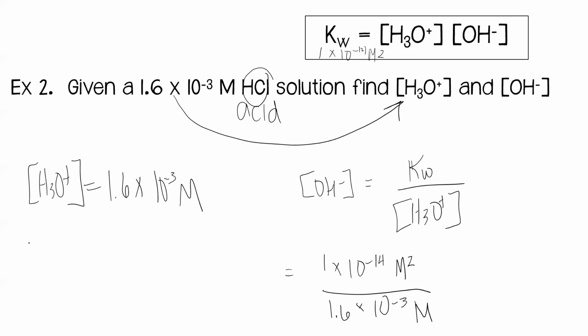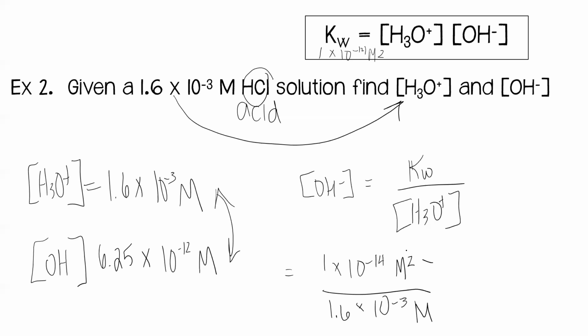So plug that in your calculator, and you get 6.25. 2 decimals is good, times 10 to the negative 12th with our unit capital M. If you didn't get that, I would guess you probably put it in your calculator wrong. And you can check your work by multiplying these two together, and you should get the Kw constant, or very close to that.